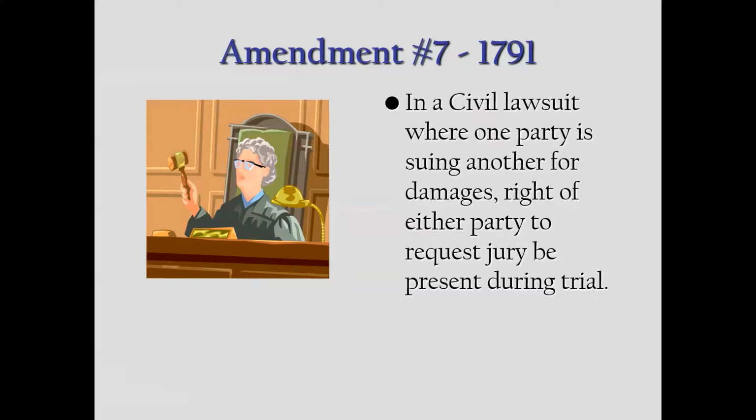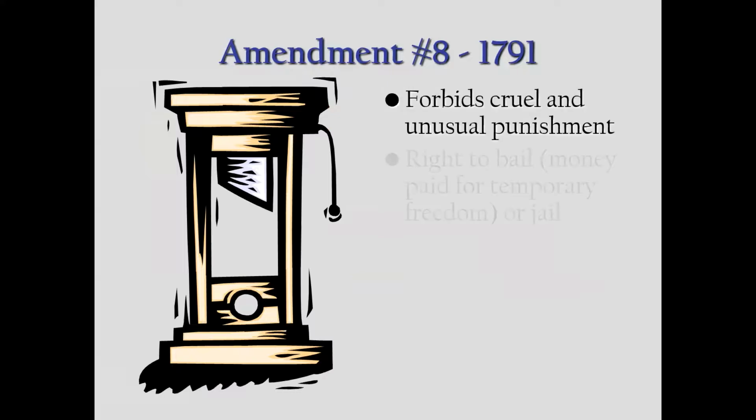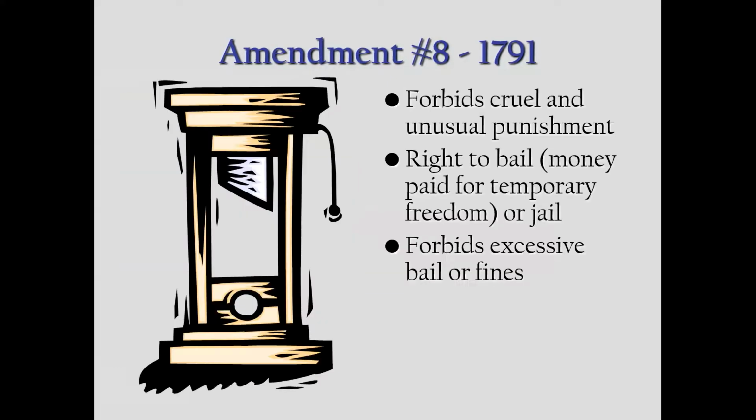The Eighth Amendment is also tied to the rights of the accused. It forbids cruel and unusual punishment. And so with that, you have the right to bail, which means you would pay money for temporary freedom until your trial starts.